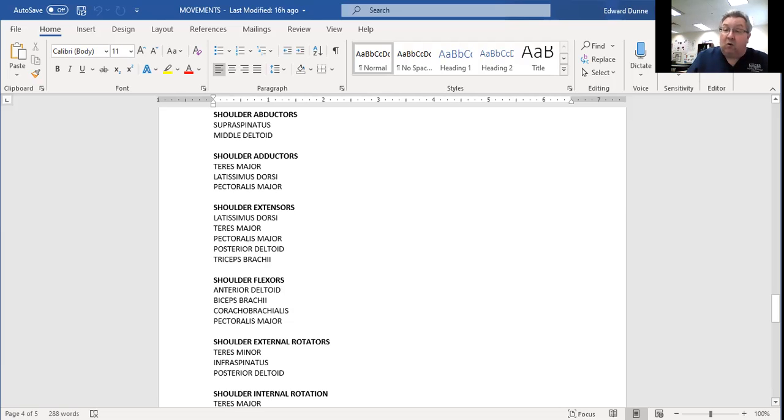Latissimus dorsi is also a really large back muscle. It has its origin on the sacrum, on the pelvis, on the lower four ribs, and on the inferior angle of the scapula. This is a large back muscle, but it inserts into the bicipital groove of the humerus. So it inserts on the front of the humerus.